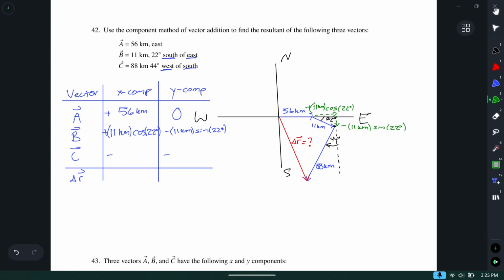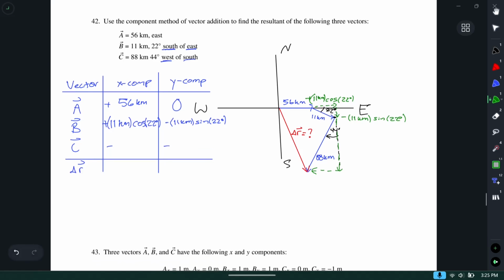So if I sketch those in, I walk down and I walk to the left. I see that the x component is all the way across from the 44-degree angle. It's opposite it, so I use sine. It's to the left, which is where the negative comes from, and then it's whatever the magnitude of that vector is. So negative 88 sine 44.